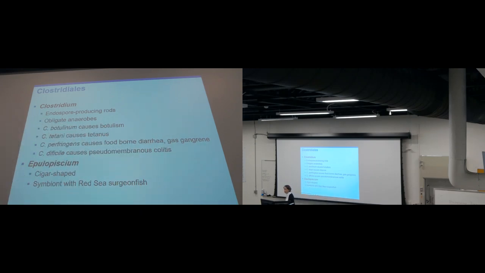So here are the details of this Clostridia. Again, they're anaerobes, and they are obligate anaerobes. Remember, obligate anaerobes are those microorganisms that will be killed by the presence of oxygen.